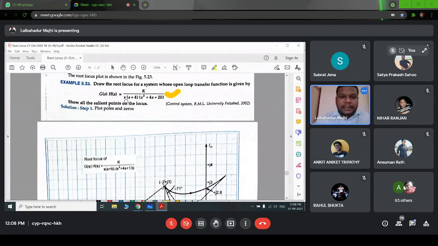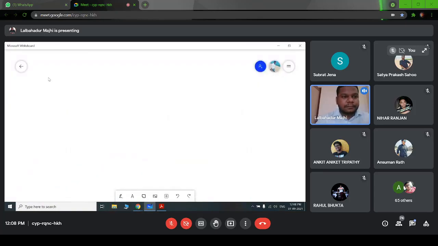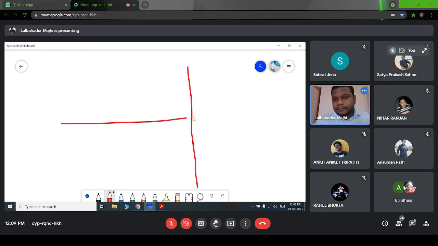From the transfer function we can see that we have four poles, right? One is s equal to 0, s equal to minus 4, and two complex ones. So let me just plot them directly.